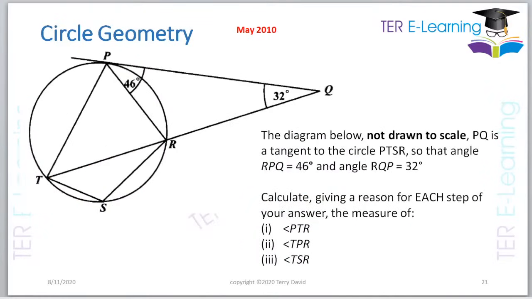Wow, this is good timing. And let me do the last one here before we go, right? Which is May 2010. Well, I catered for going up to May 2010 anyway. So in May 2010, they gave us a diagram and they gave us some wording. So they said PQ is a tangent to the circle, and they gave us this angle and this angle. So they want to know angle PTR. Right, so PTR is this angle here.